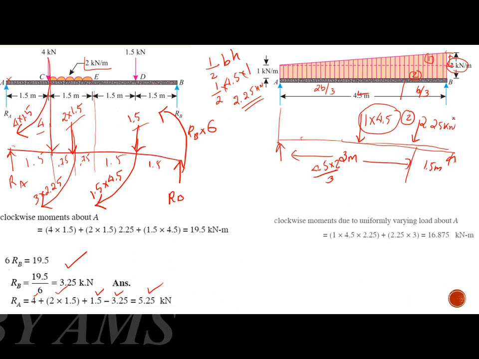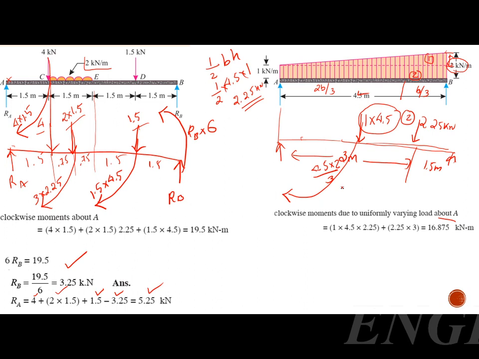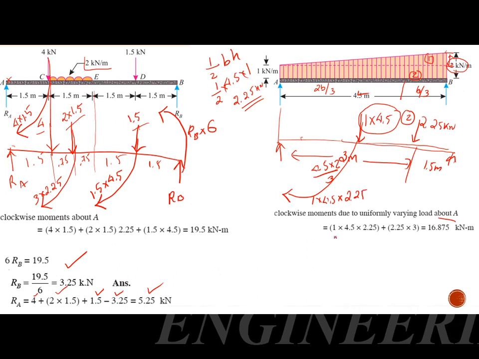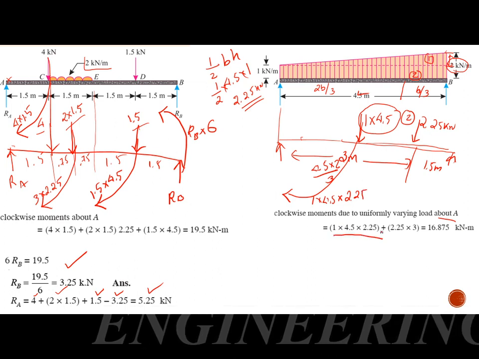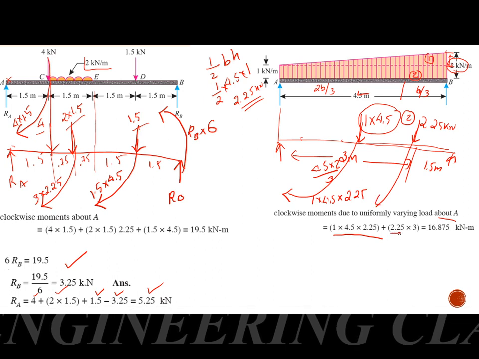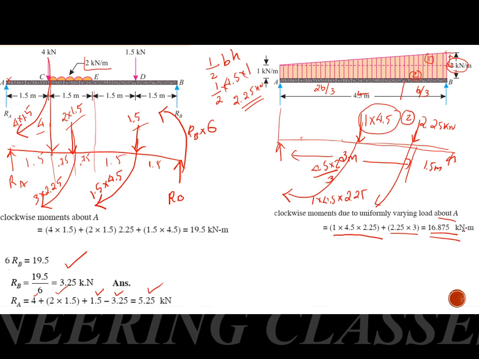So we will calculate the total clockwise moment with respect to point A. The first one will create a clockwise moment given by 1 into 4.5 into 2.25. Again 2.25 will also create a clockwise moment given by 2.25 into 3. This is the total clockwise moment.